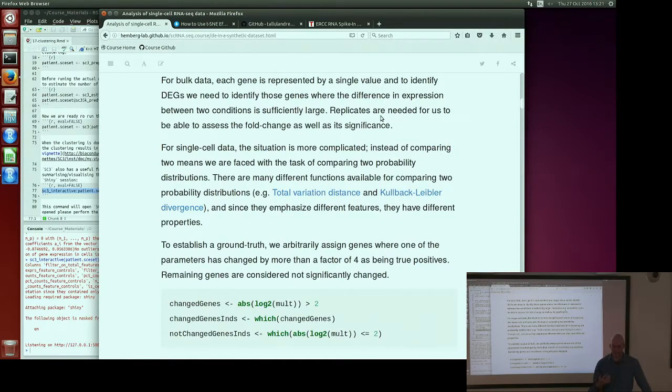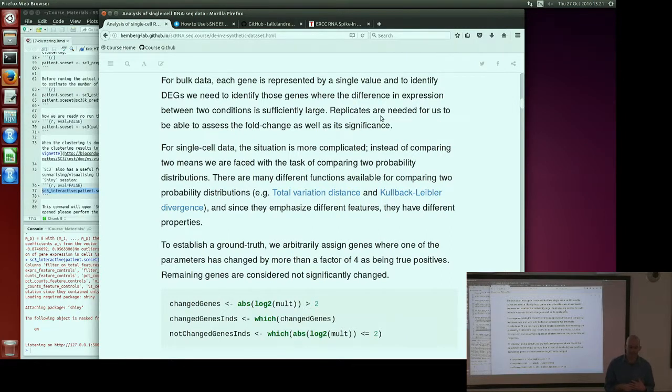So here we're going to make an arbitrary decision: if the parameter has changed by more than a specific factor, which we have to decide on, because there is no rule, this is basically up to our own judgment what constitutes a significantly large change.